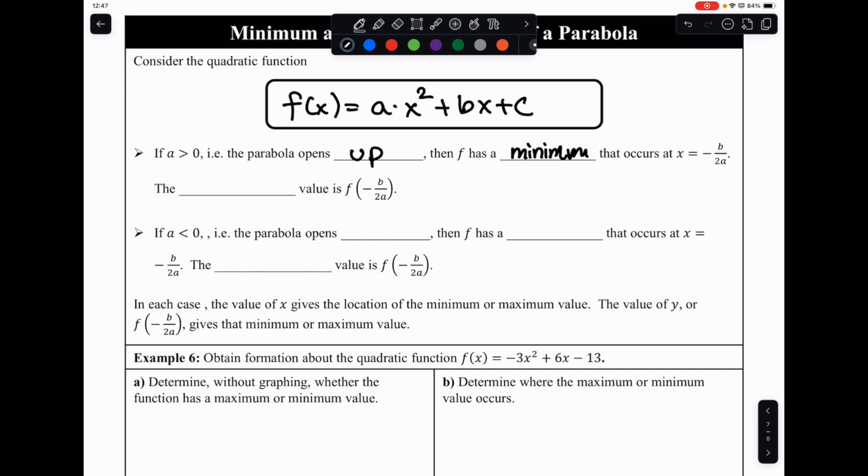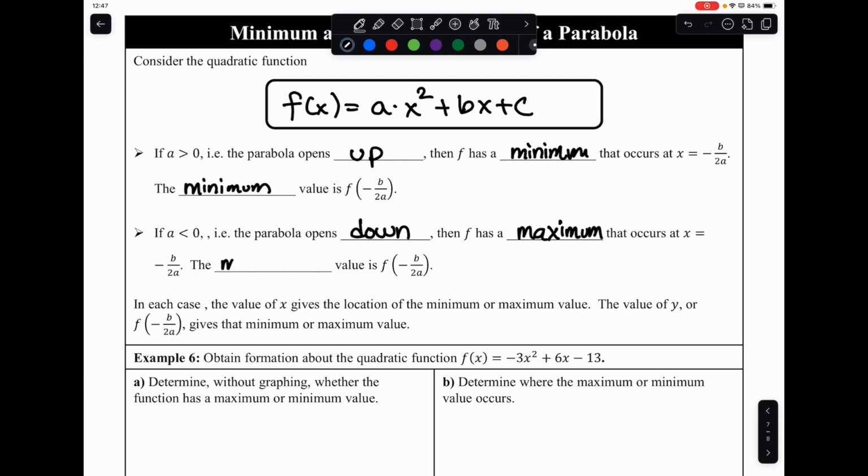And the minimum value is the y value of the vertex, which we've been practicing: f of negative b divided by 2a. Plugging whatever this x value is into the function and figuring out what the y value is. Now, if the value of a is negative, then the parabola opens down, and f is going to have a max at that location, x equals negative b divided by 2a.